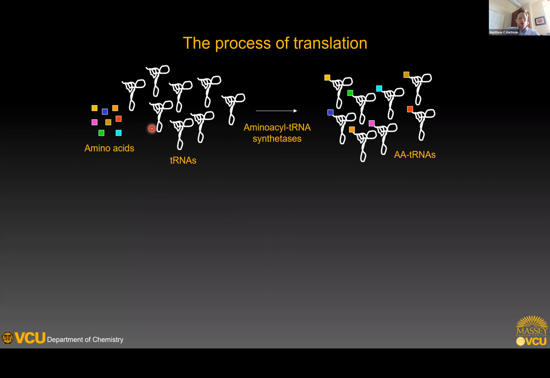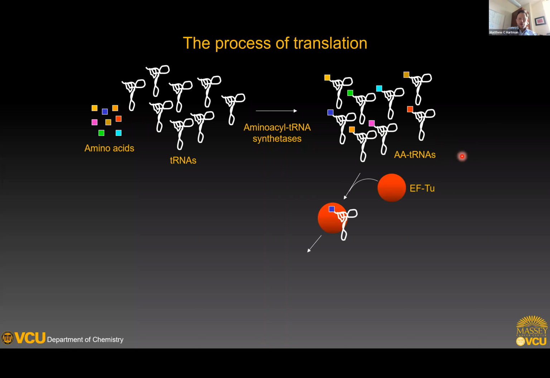These amino acids are charged onto the tRNAs by a class of enzymes called aminoacyl-tRNA synthetases. There are 20 of these, 1 for each amino acid, and they attach the correct, or cognate, amino acid onto the cognate tRNA, giving you these aminoacyl-tRNAs. The attachment happens via an ester linkage, which can then be reactive.